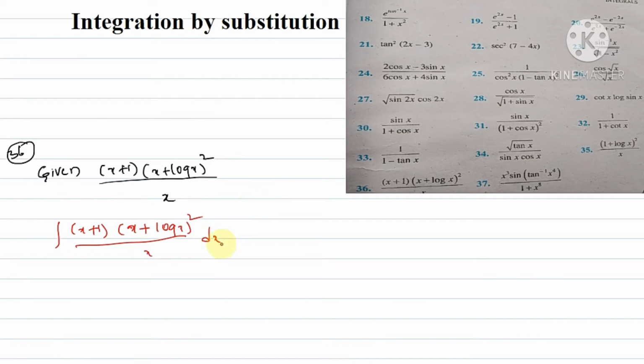Substitution: x plus log x is equal to t, so differentiation is 1 plus 1 by x into dx equal to dt. If I take the LCM, this will be x plus 1 by x into dx equal to dt.